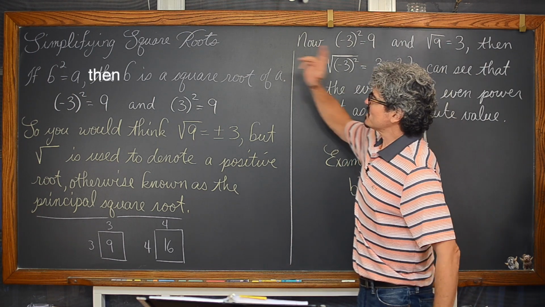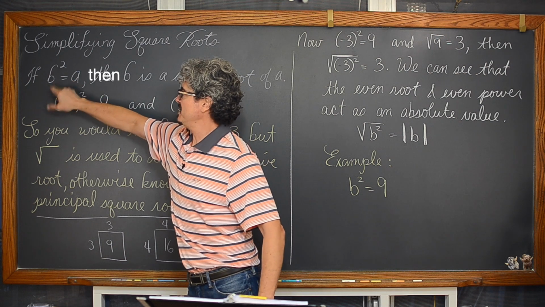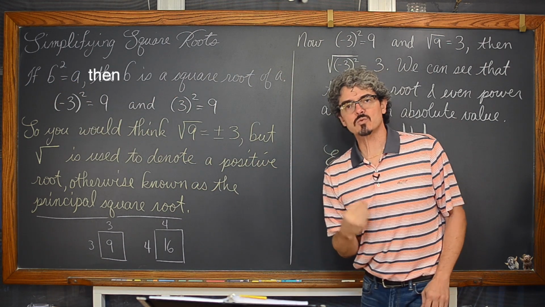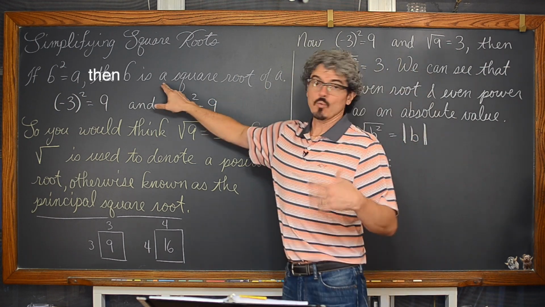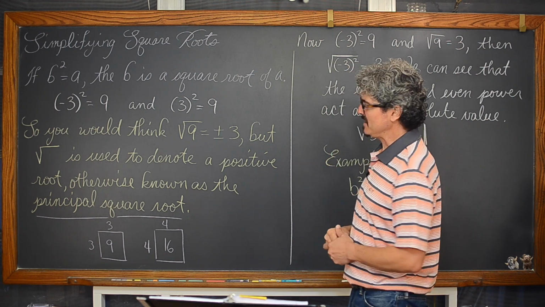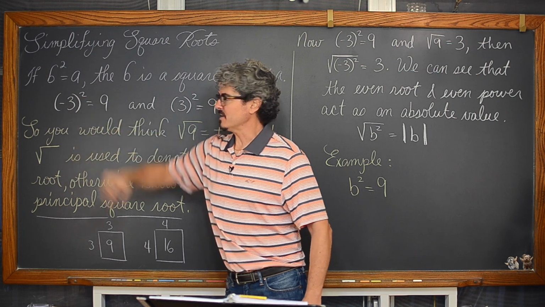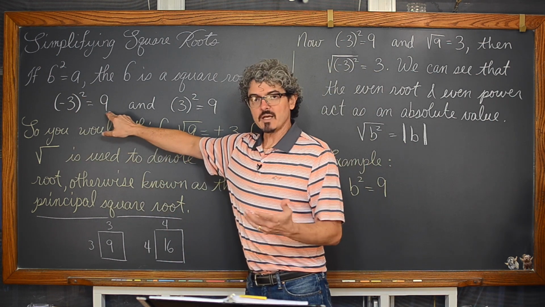Okay, so simplifying square roots. Well, if a number squared, so if b squared is equal to a, then b is considered a square root of a. Now this is like a variable a, and this is actually the word a. So we have this idea here in numbers to kind of make sense of what that means, that if we take negative 3 and we square it, that's going to be negative 3 times negative 3, which is going to be equal to 9.